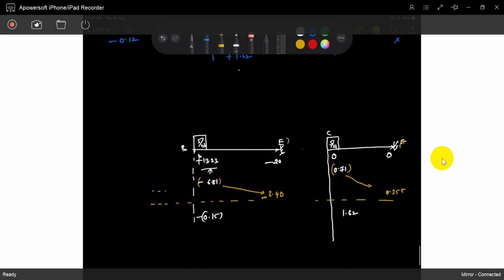So again it's a carryover factor because E is a fixed end. Minus 0.7, 0.075. So here 0.881, carryover factors. That's it.